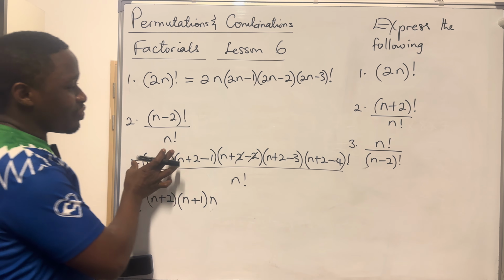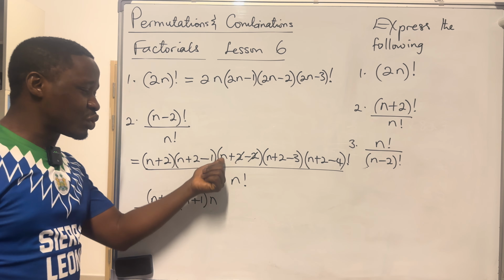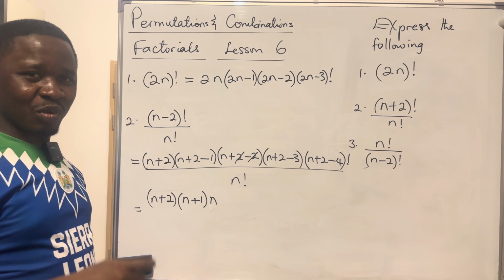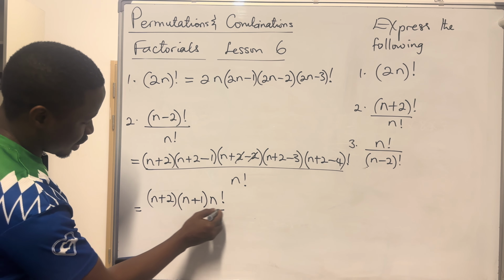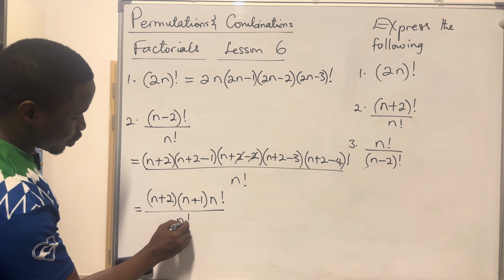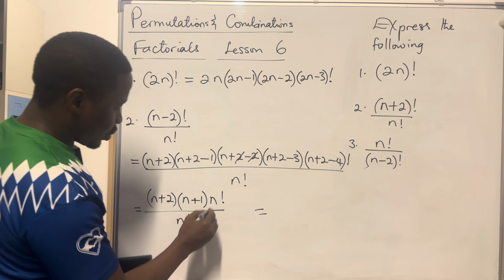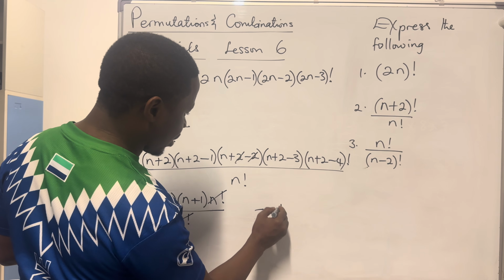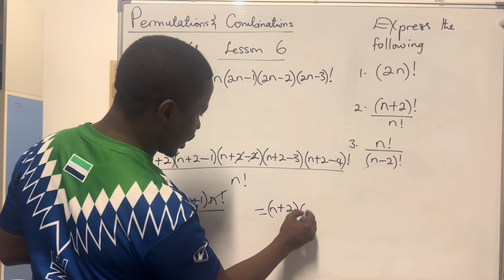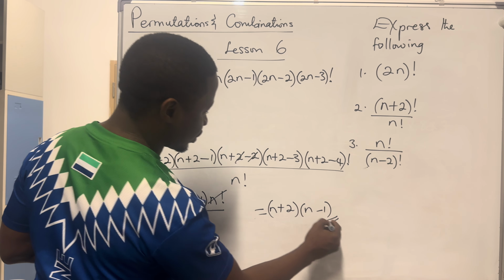So now that we've written this one, it doesn't matter. We can even choose to stop here. Do not forget it is important to indicate the factorial. So divide n factorial: n factorial takes away n factorial, leaving n plus 2, then n minus 1.